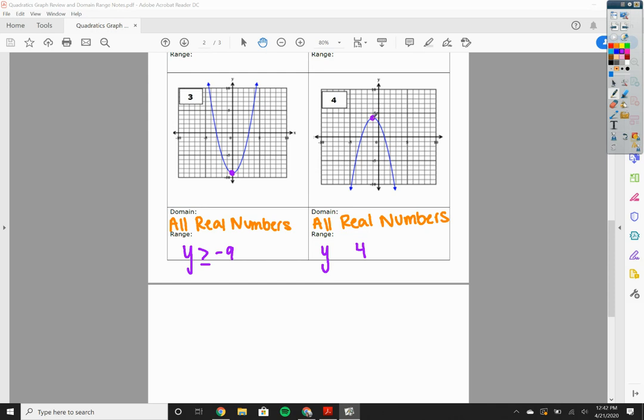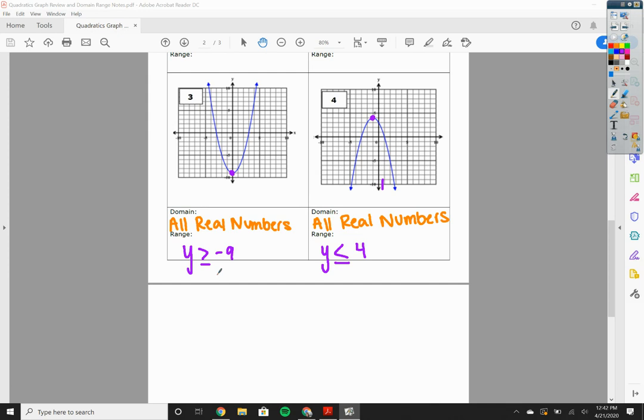And then this is a maximum value because the lines are going down away from it. So since this is a maximum, all of the y values are below it, which means y is less than 4. And then it's a closed circle, y is less than or equal to. So don't forget these equal to lines underneath it like I did on the first 2 examples.